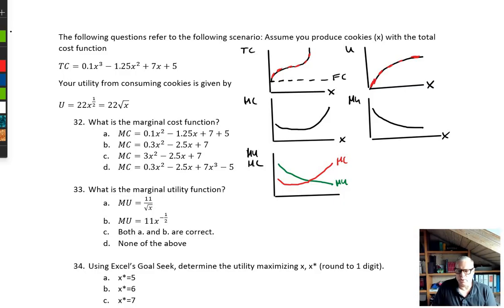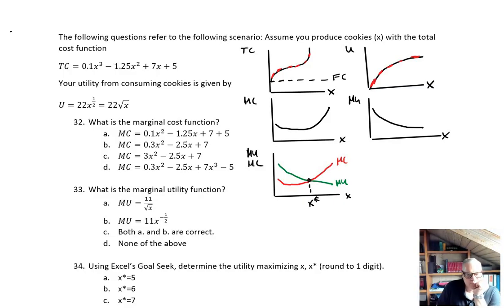So you consume more and more and more. But the profit maximizing or the utility maximizing point is here, that x star, where the marginal utility equals the marginal cost. And it doesn't make sense to go beyond x star, because why would you have another cookie that you value at maybe $1, but you would have to pay $2 for it? That doesn't make sense.